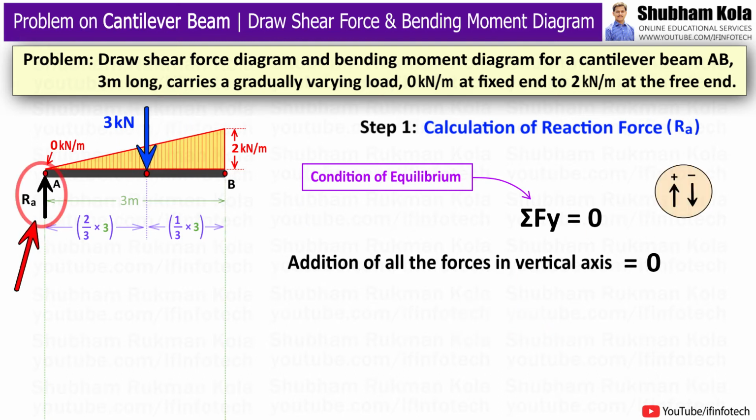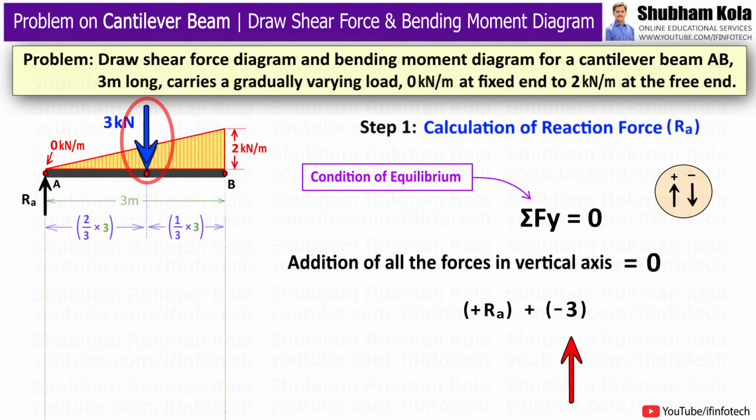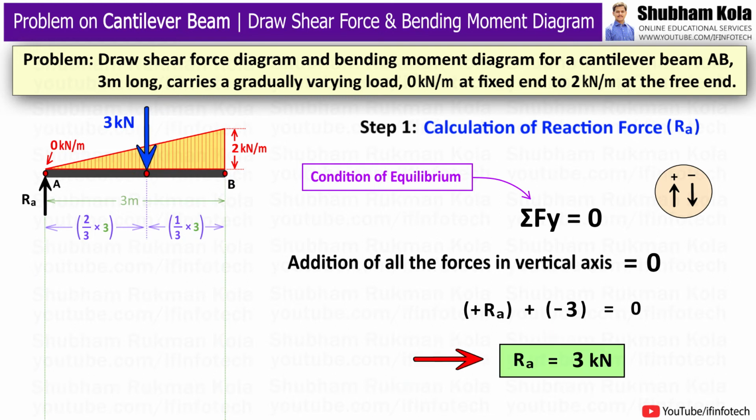Here RA is the vertical reaction force acting on the beam in the upward direction, so I will add this force with positive sign, and the converted point load of 3 kN force is acting on the beam in the downward direction, so I will add this 3 kN force with negative sign. So from this, I will get the value of reaction force RA equal to 3 kN.